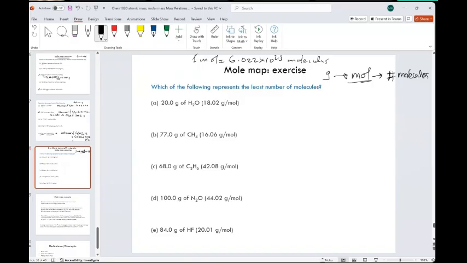If not, I can explain more, because as I said always, to solve a problem, you need to understand the problem. The thought process needs to be accurate. So this question is asking, which of the following represents the least number of molecules?